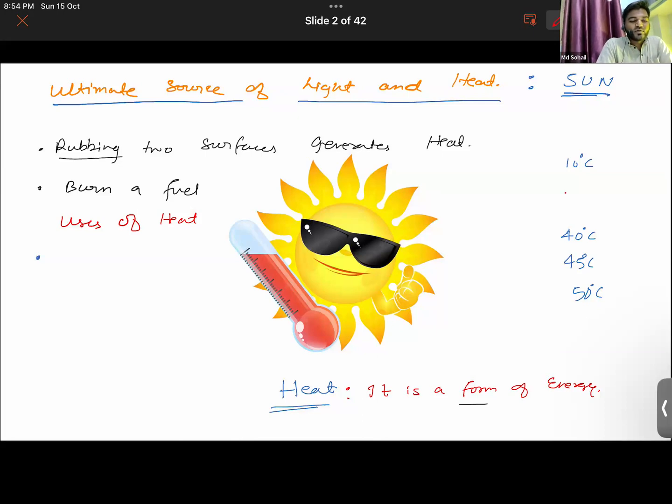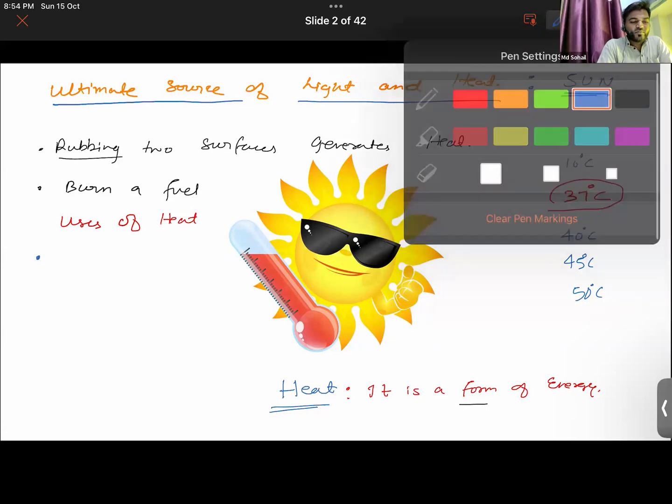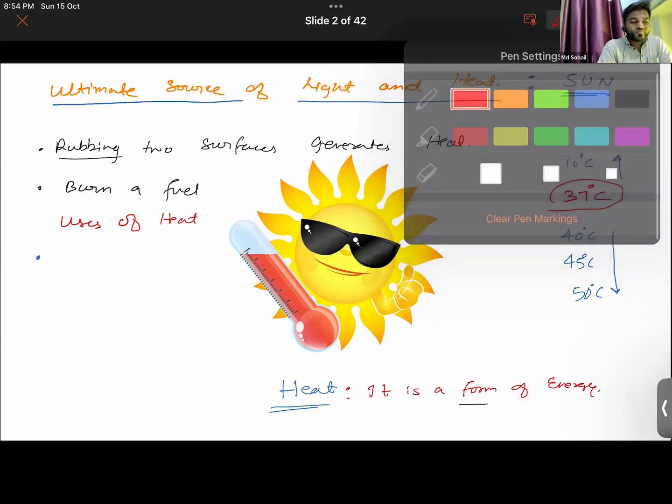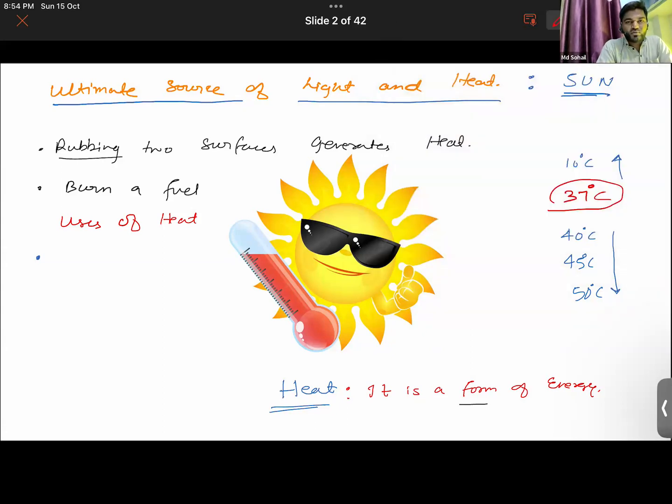No, sir. Because we know the normal temperature for the human body is 37 degrees Celsius, around this much. If the temperature was to lower down or increase, then it will impact the normal functioning of the human body also. So a suitable range of temperature is required for the human body to perform.